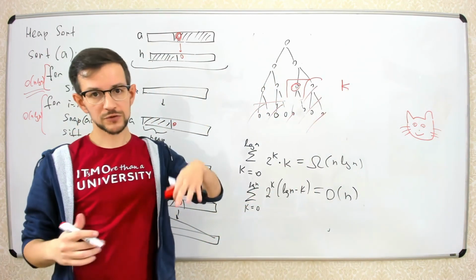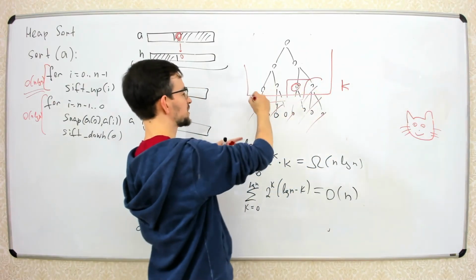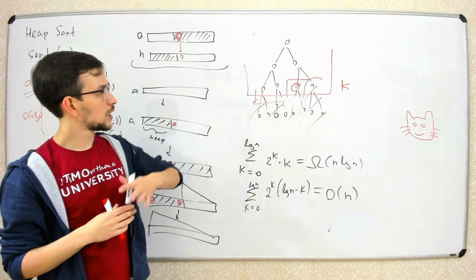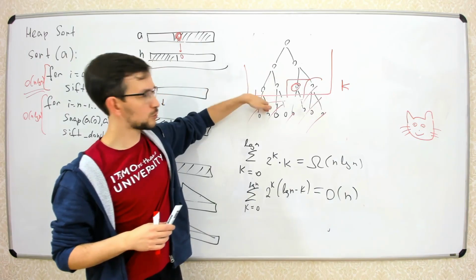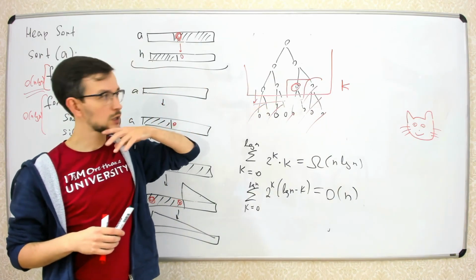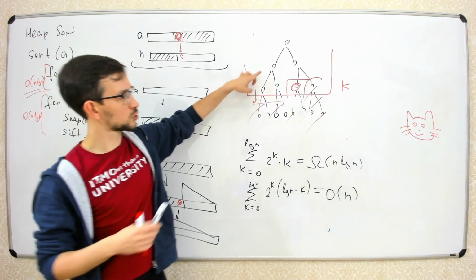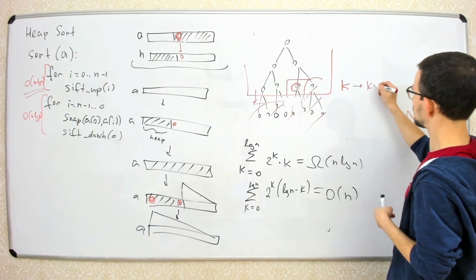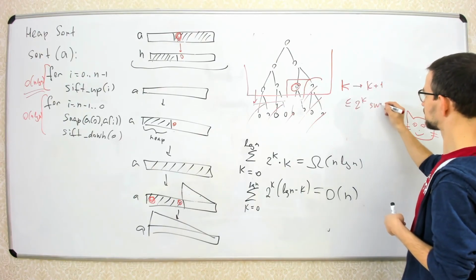Let's calculate the number of swaps needed to sift all elements from this layer down to layers below k. Each element from this top part will be sifted down to this part at most once. So for layer k, we need to make at most 2 to the power of k swaps, from layer k to k plus 1.